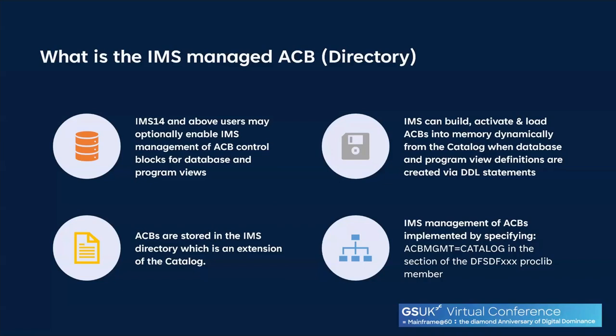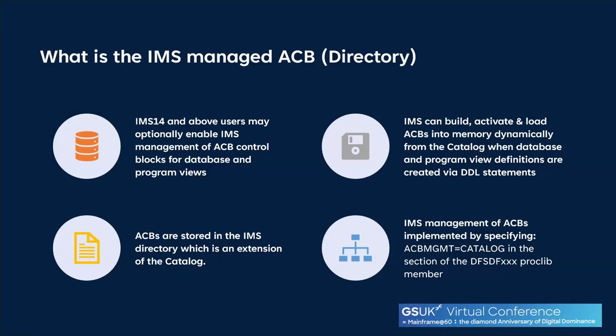Although from IMS 15.6, which is expected in the next couple of months, the IMS managed ACB or directory will be a requirement. Your IMS basically won't come up if you don't have a catalog and directory set up. If you're not ready, you probably have to still run at IMS 15 or less for some time.